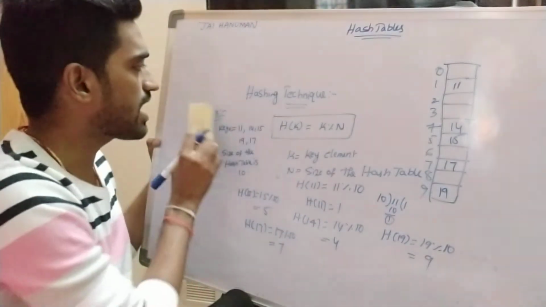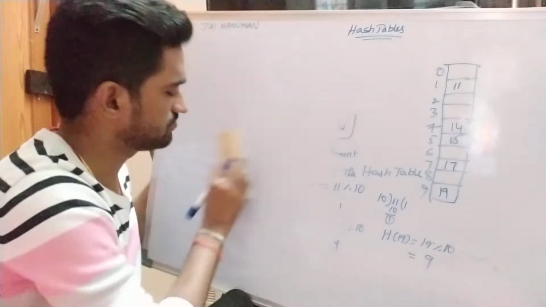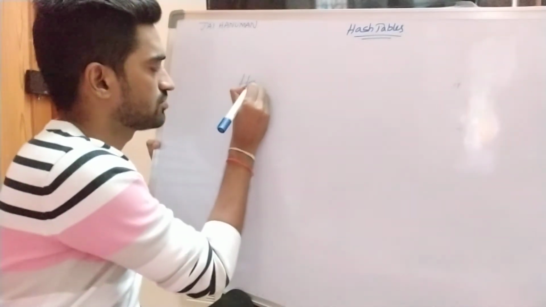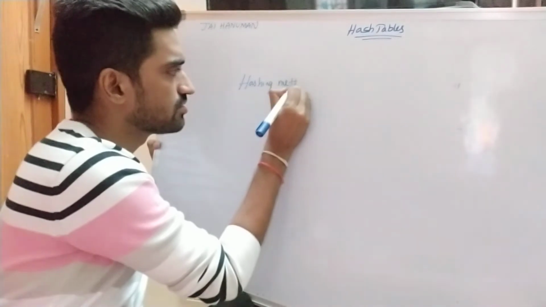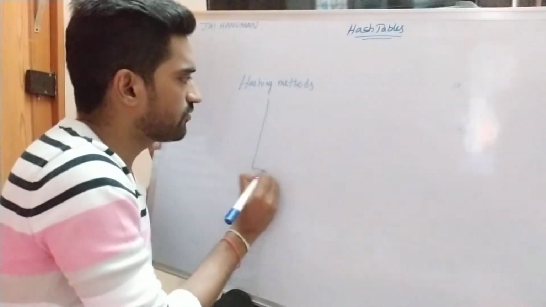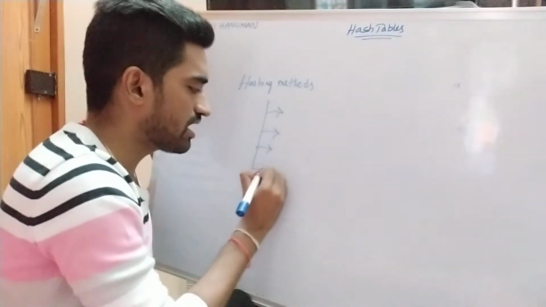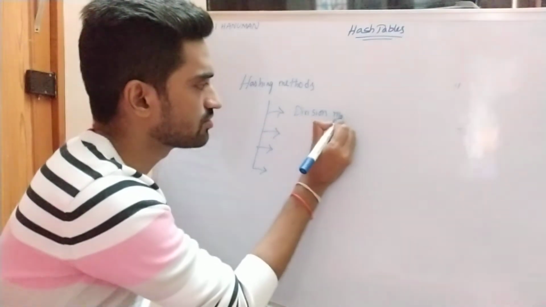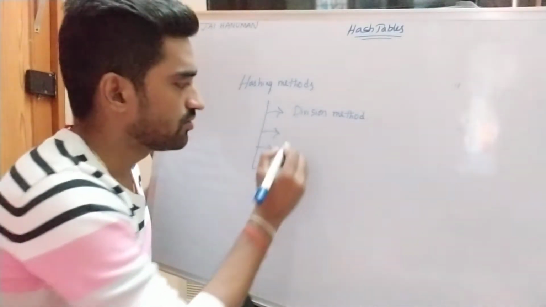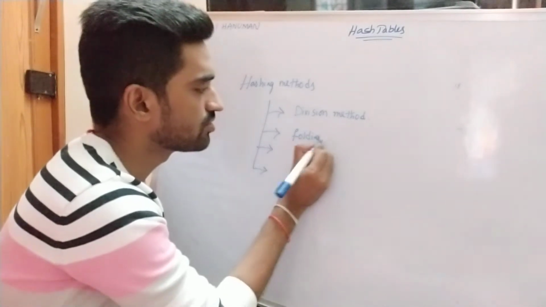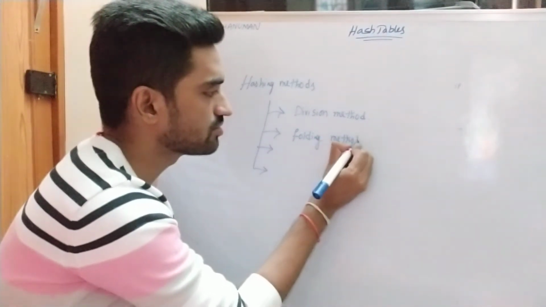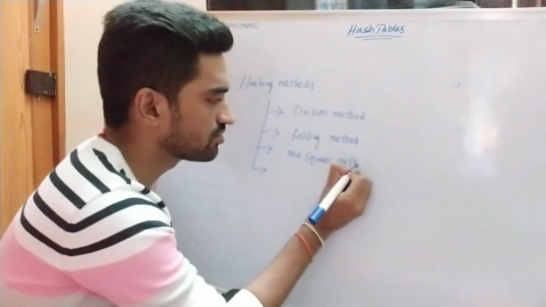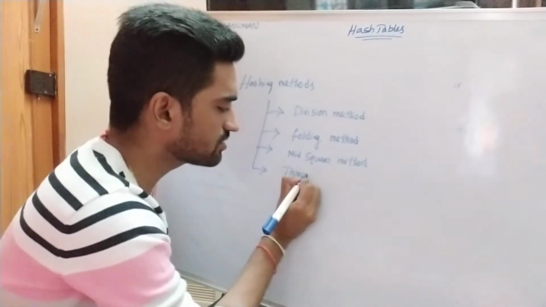Then we are discussing hashing methods. Generally there are 4 types of hashing methods: one is the division method, folding method, mid-square method, and truncate method.